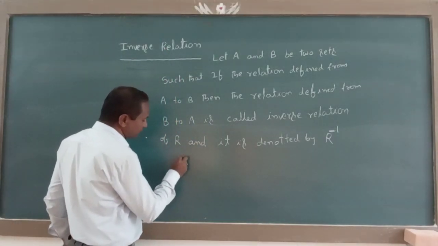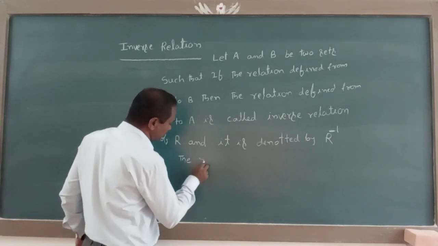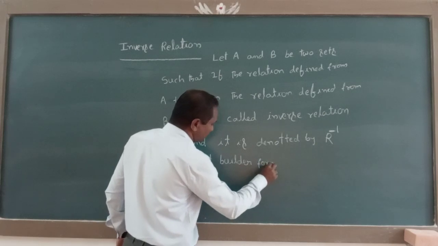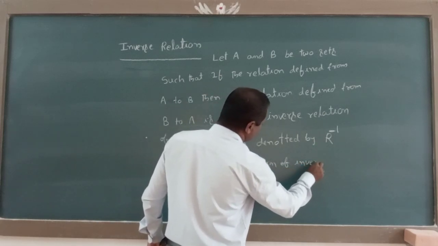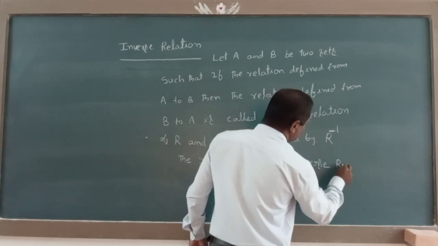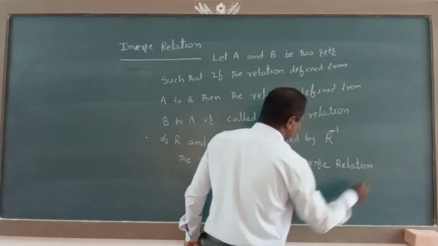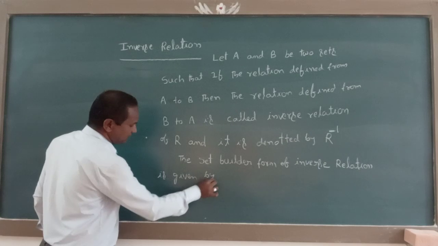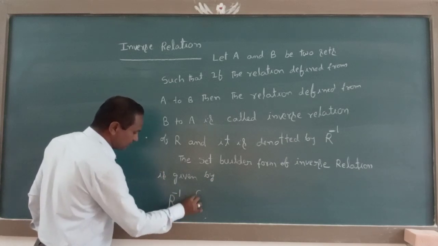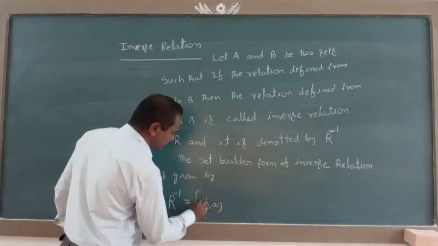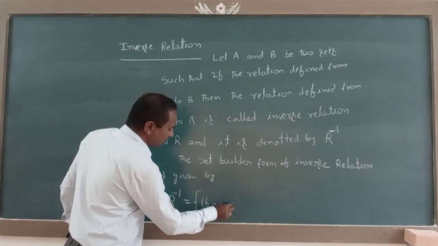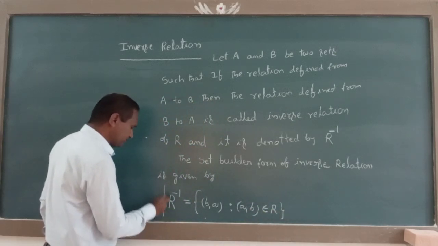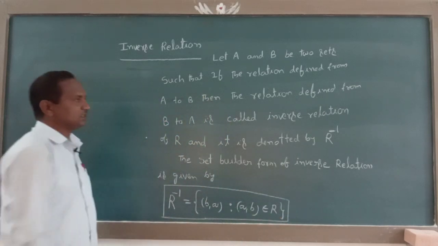The set builder form of the inverse relation is given by R inverse is equal to the set of all ordered pairs b comma a such that a comma b belongs to capital R. Like that, we write the set builder form for the inverse relation of capital R.